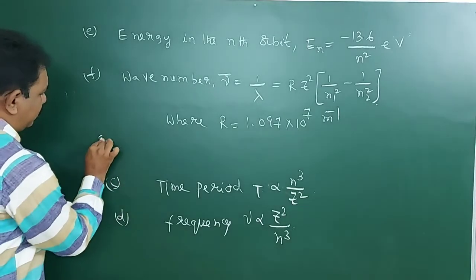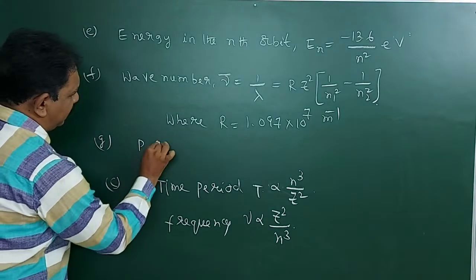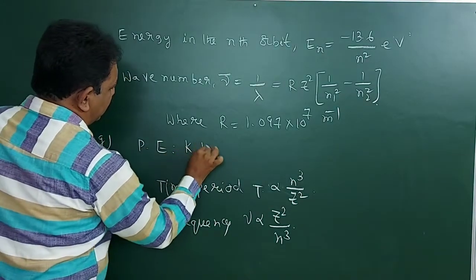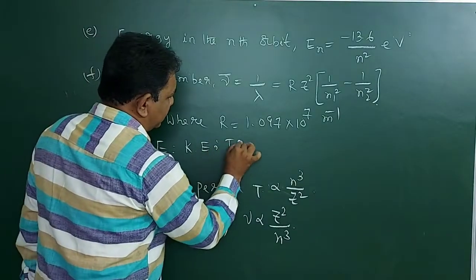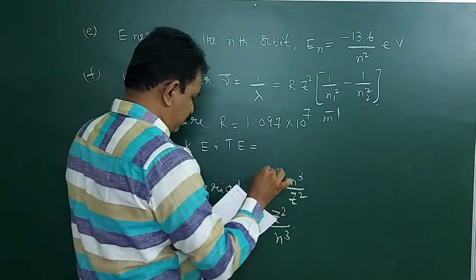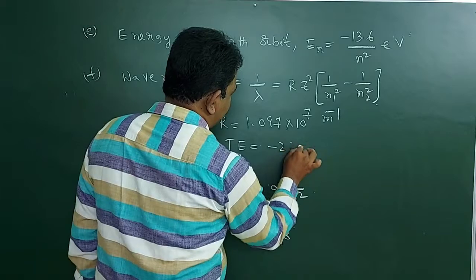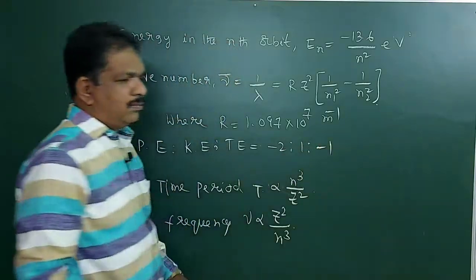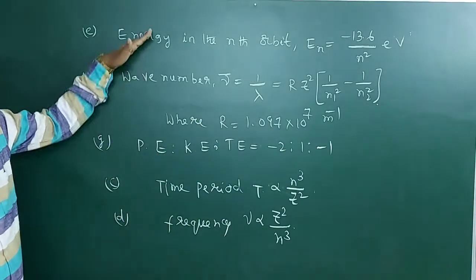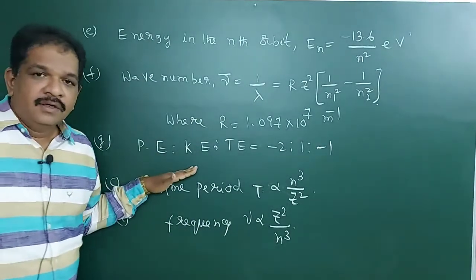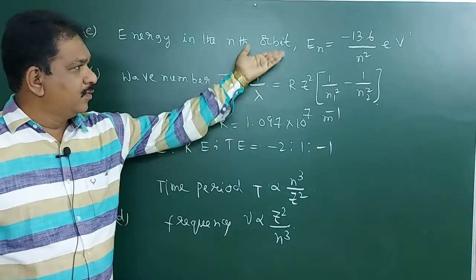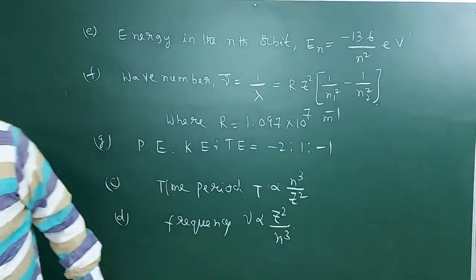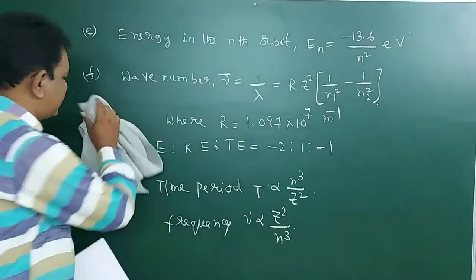Next, ratio between PE, KE, and total energy will be minus 2 is to 1 is to minus 1. So these are the formulas relating to hydrogen atom or any atom. So we can calculate by using n value.